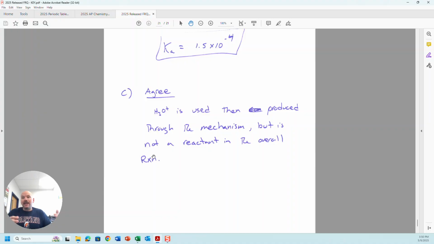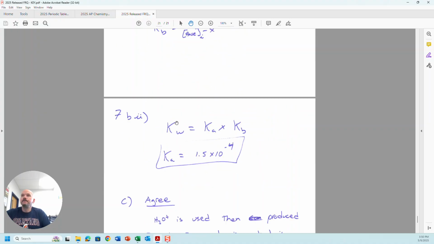An intermediate gets produced and then consumed later on. A catalyst gets used first as a reactant and then gets produced later on as a product. And in a multi-step mechanism, you'll have intermediates, but you don't always have catalysts. But in this case, we did have a catalyst, and it was H3O plus.